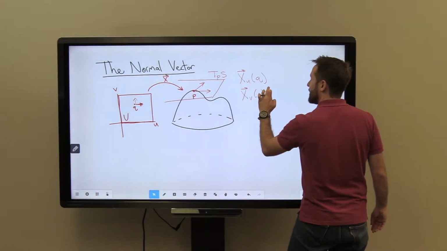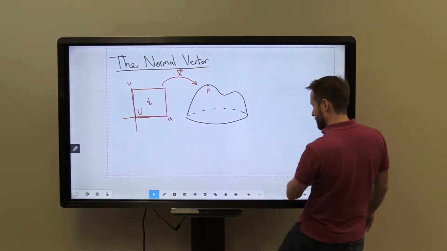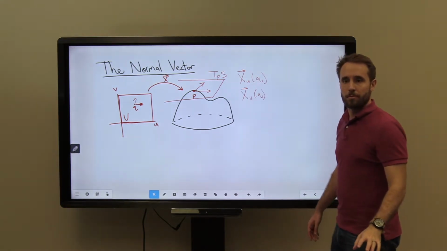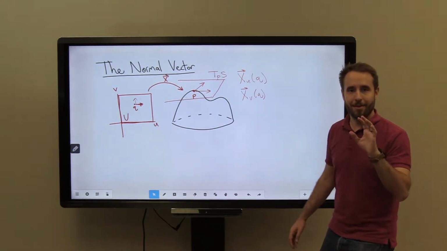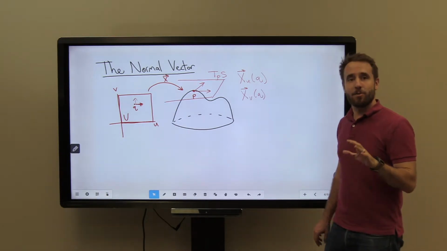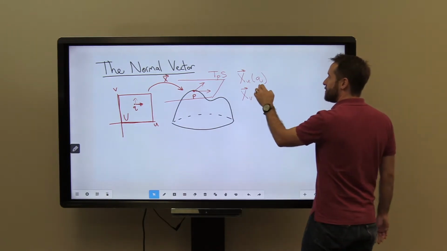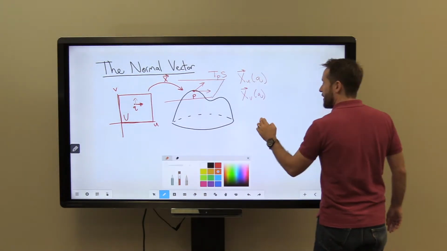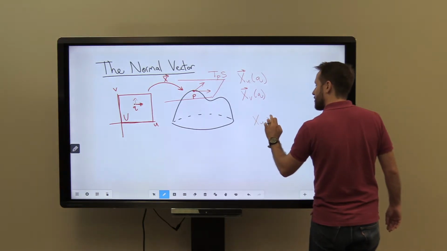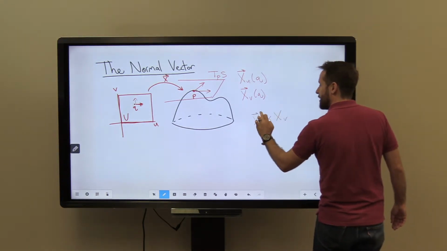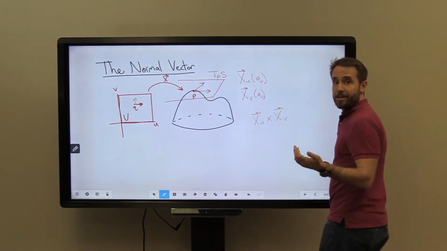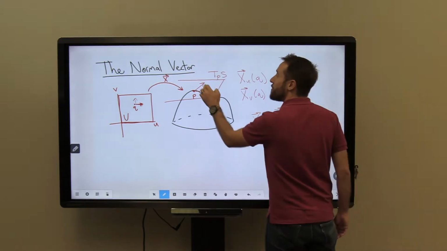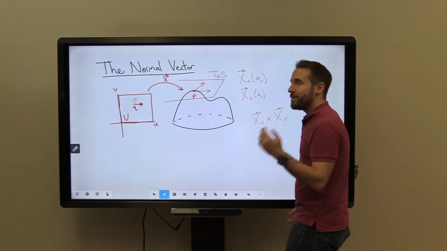And so what we're actually going to do is take X sub U cross X sub V, right, at this point in question, and the result is going to be a vector that is perpendicular to both of those, and therefore completely perpendicular to the plane.